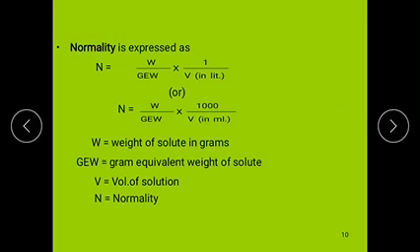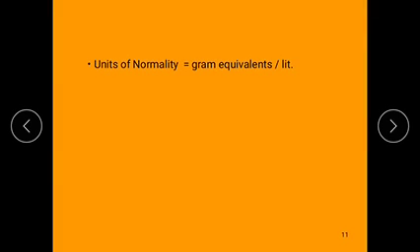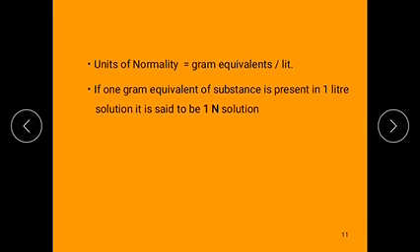And also we learnt about the units. The unit for normality is gram equivalents per liter. If 1 gram equivalent of solute is present in 1 liter of solution, it is said to be a 1N solution, or normal solution.